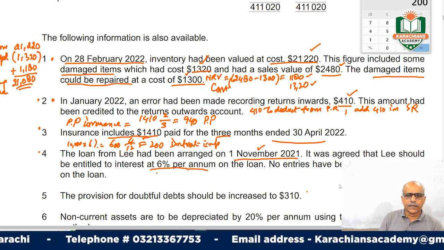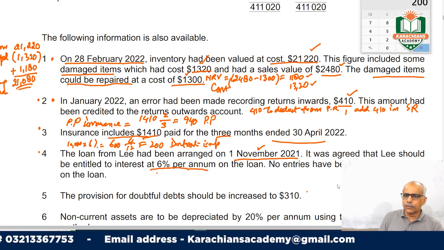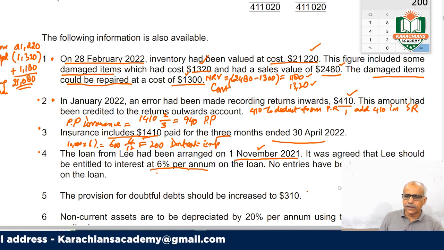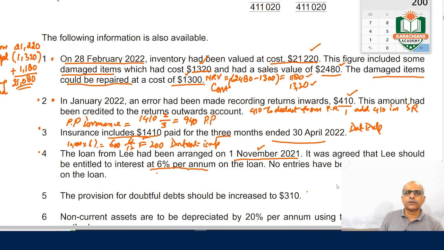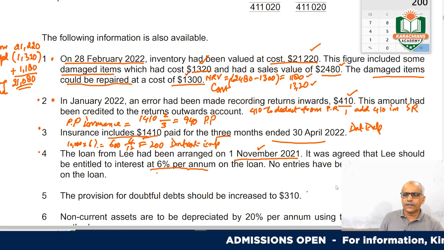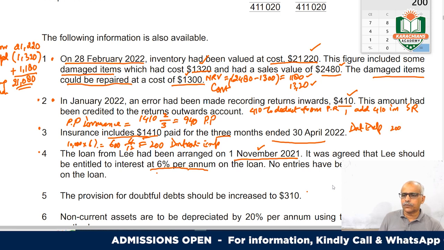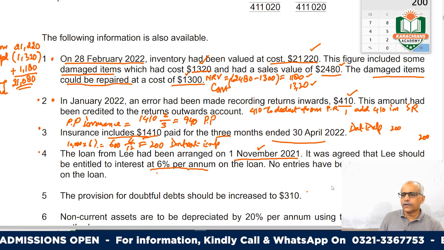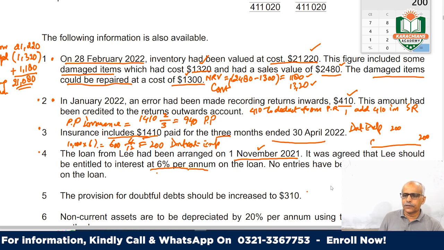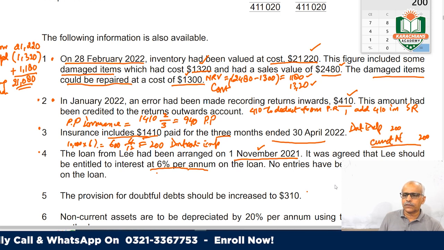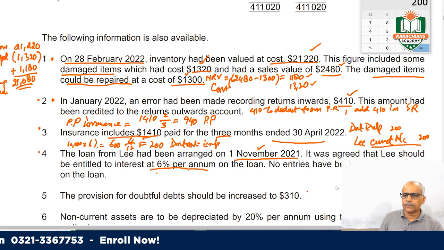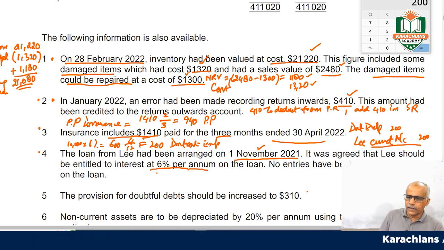This interest will be given to Lee. You are not supposed to make the entry, but I am just making your concept clear. So interest expense, a business expense, 200 will be debited and 200 you will credit to Lee's current account.